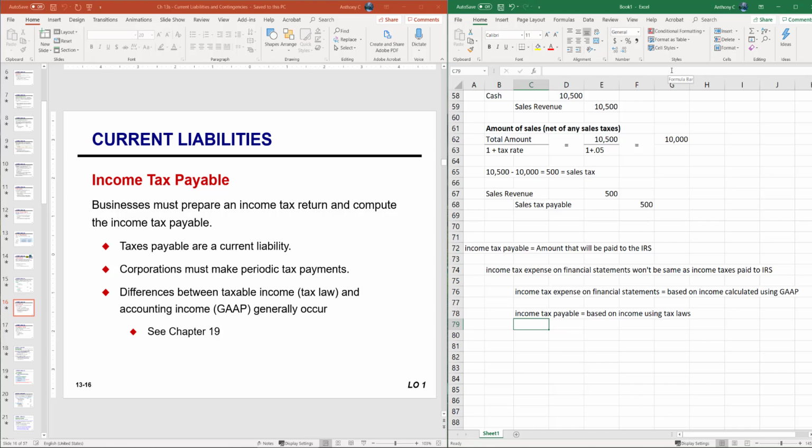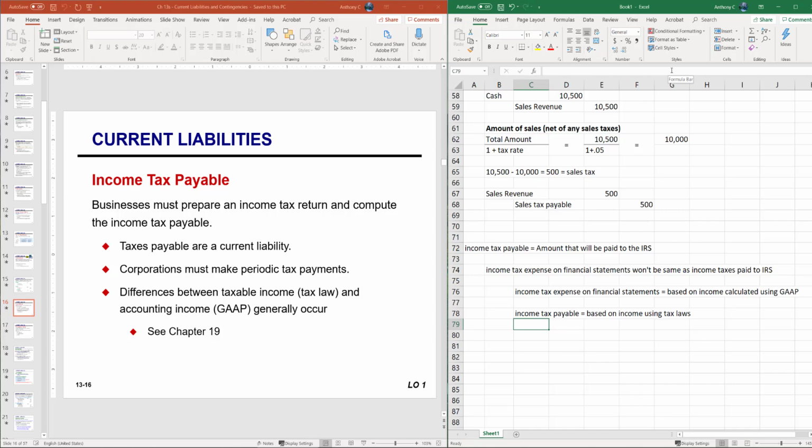Tax laws have a completely different purpose than GAAP, so we end up with these two different sets of rules. The big idea here is that if we're using two different sets of rules, we end up with two different income numbers, which means our income tax payable and our income tax expense generally won't equal one another.